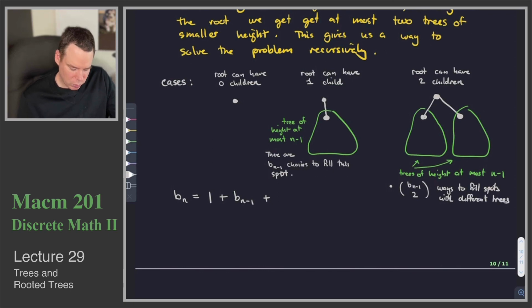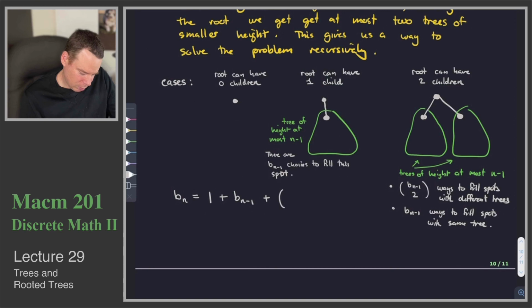Or I could put the same tree in each spot. In that case, I just pick a tree from the b sub n minus 1 possibilities. I pick one of them, so that's b sub n minus 1 choose 1, which is just b sub n minus 1. Ways to fill spots with the same tree.